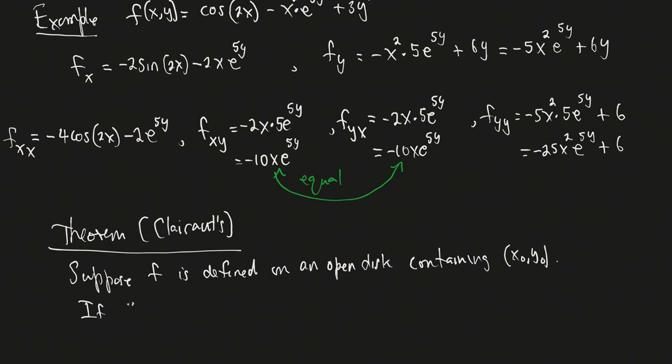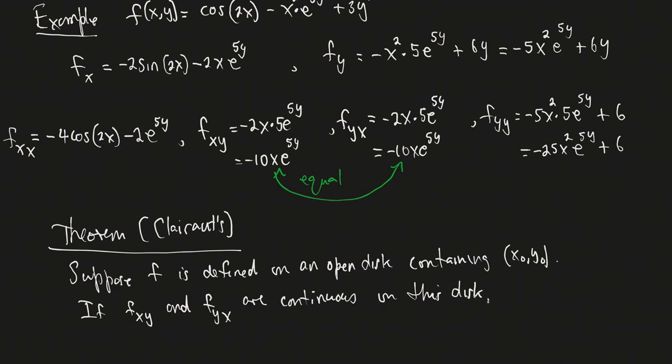So if our mixed partials f sub xy and f sub yx are continuous on this disk, right? So continuous at every point in this disk, not just at x0, y0. That's what Clairaut requires, continuity.